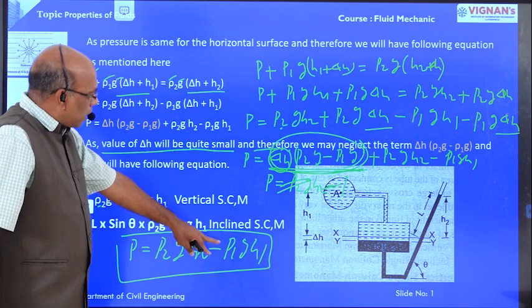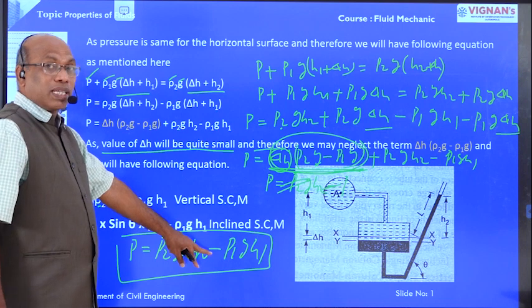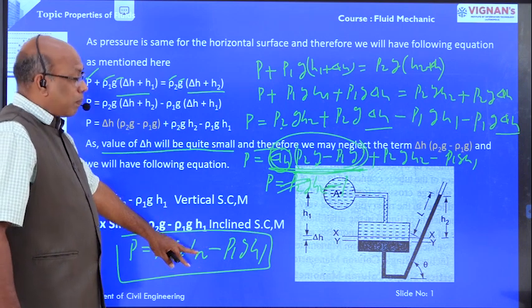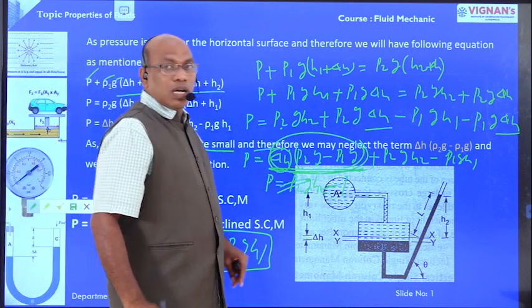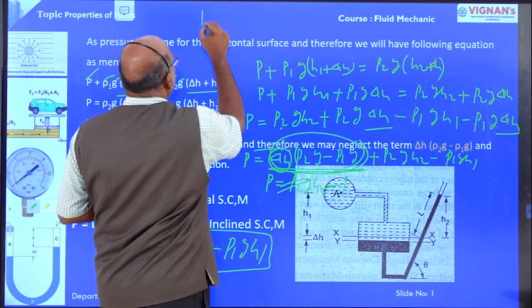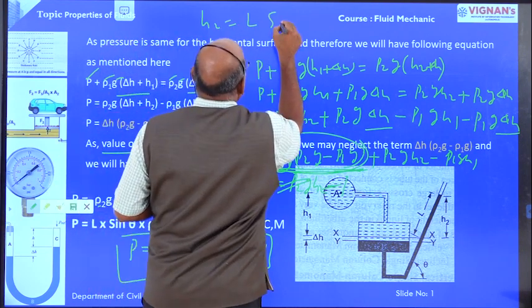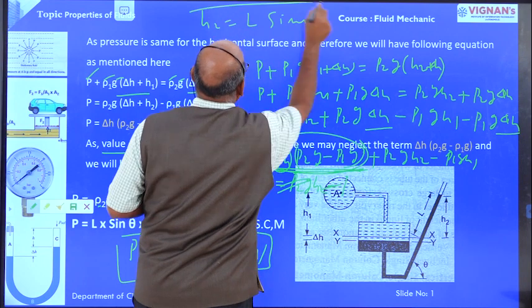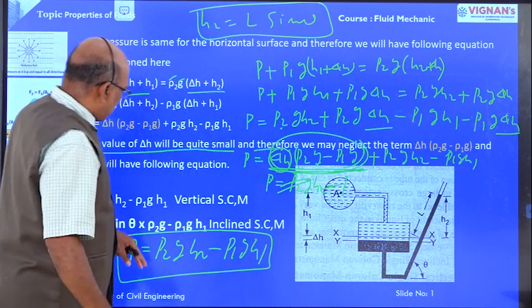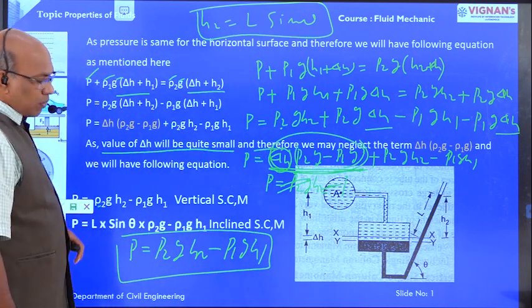But this equation is applicable in case of a vertical single column manometer. Here, as I have already told you, H2 is equal to L sin theta. In place of H2, we are going to take L sin theta. Are you clear?